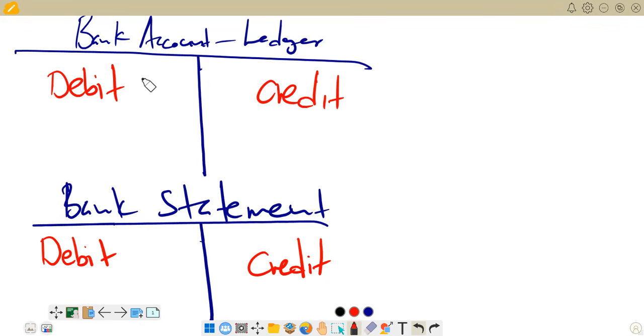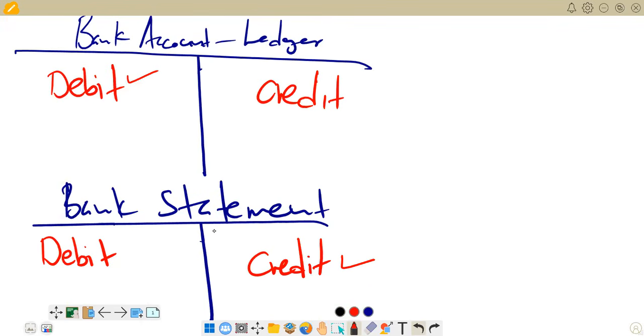What is on the debit side of the bank account in our ledger should be on the credit of the bank statement. They should be the same things, because these two accounts represent similar transactions. Transactions entered in the bank account in the ledger are the same transactions we are going to see in the bank statement.